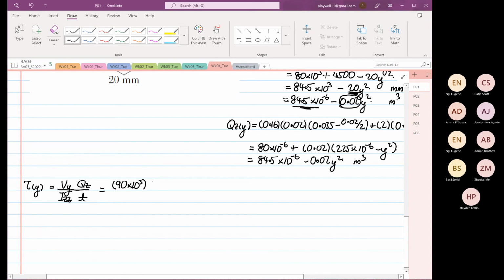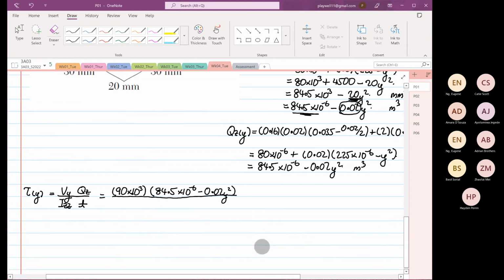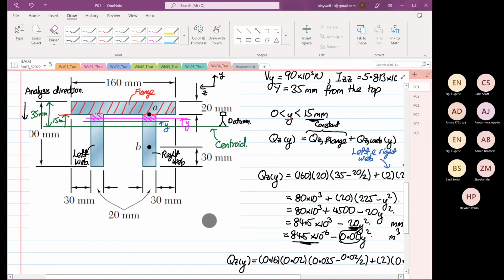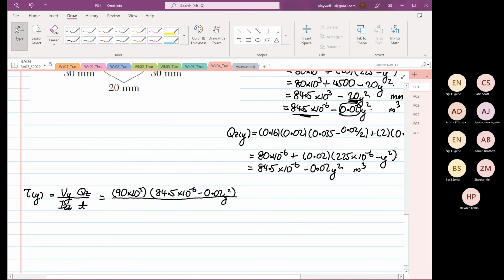We know our Qz as a function of y. So it's 84.5 times 10 to the power minus 6 minus 0.02 y squared, okay, divided by Izz, which we have, which is equal to 5.813.